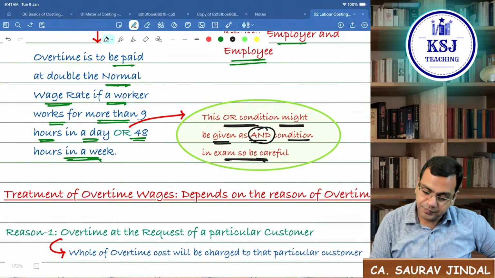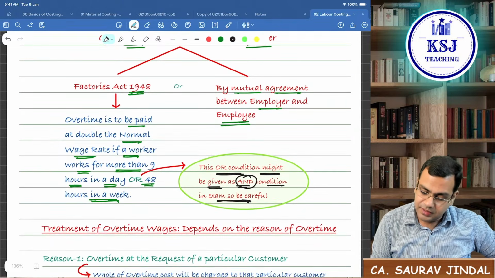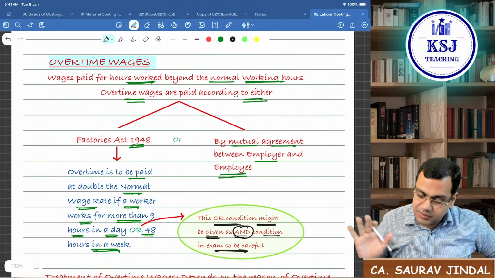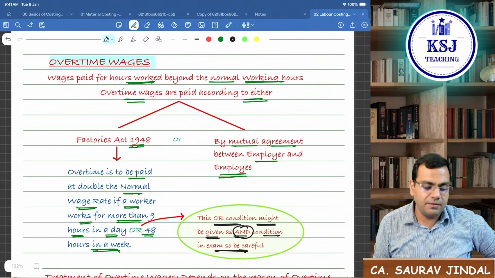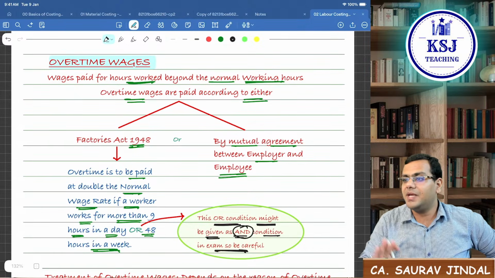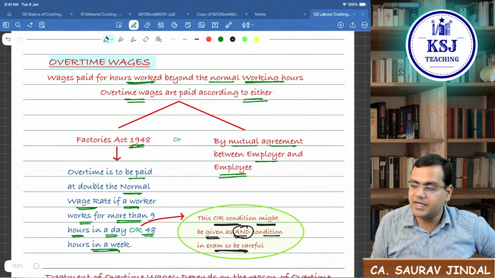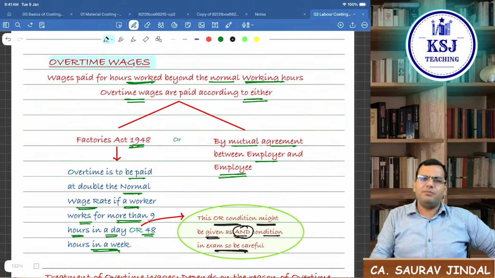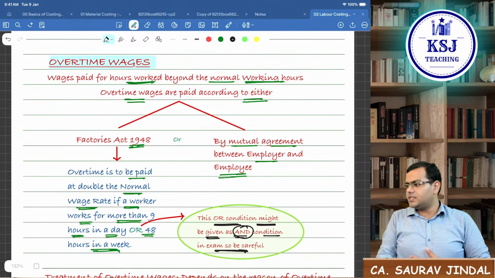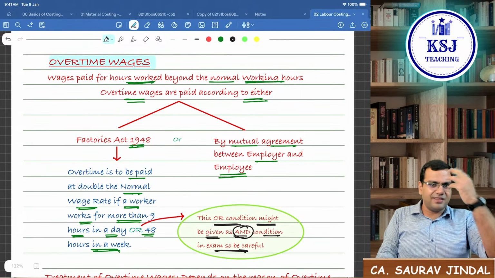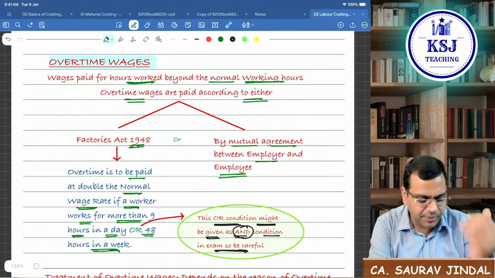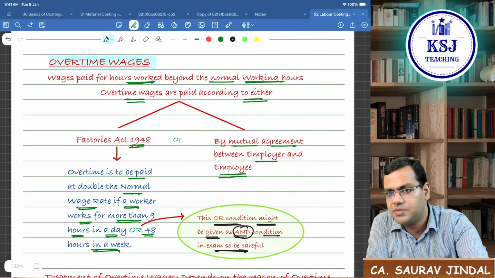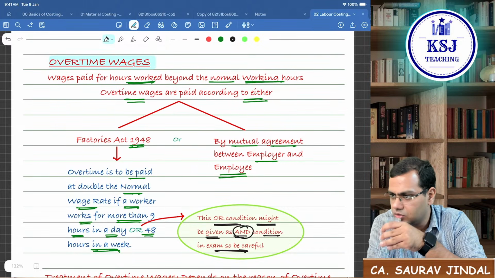Clear? Is this much part clear, that is, what is overtime? How overtime is treated according to the Factories Act 1948, or by mutual agreement between the employer and employee, is simple: whatever rate they decide, it will be according to that rate only. No problems in that. Is this much part clear?